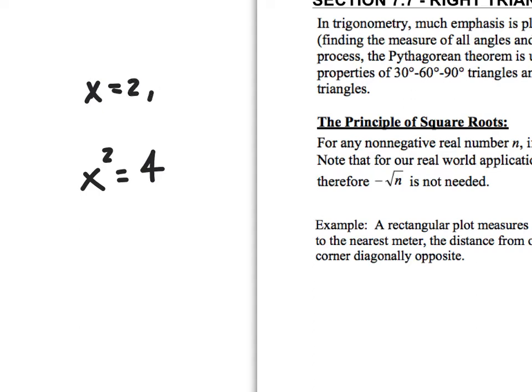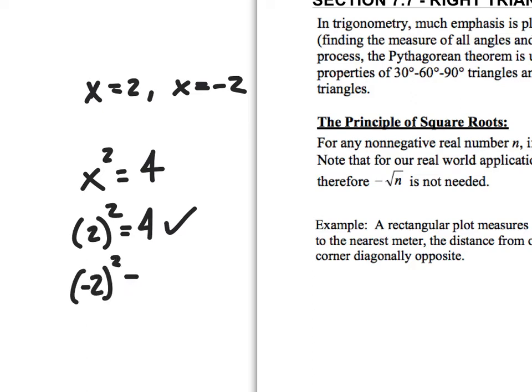But the other caveat is that I could also have the value x equals -2. If I take 2 and I square it, that's going to give me 4. That works. If I take -2 and square it, negative times a negative is going to give me a positive, and that's also going to work.